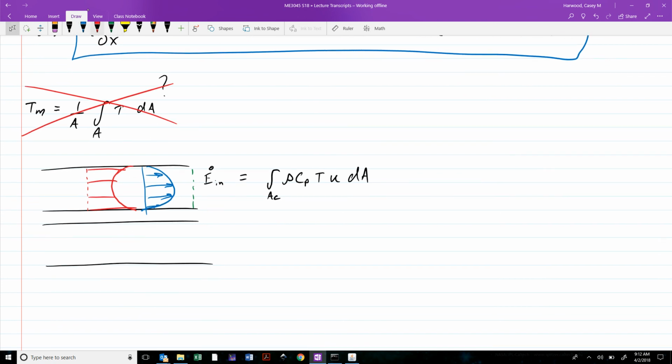If we wanted to simplify that and represent it as a mean velocity and mean temperature, the idea is we would say, okay, here's our equivalent mean temperature, here is our equivalent mean velocity, and we want the same amount of thermal energy to flow across this control surface.